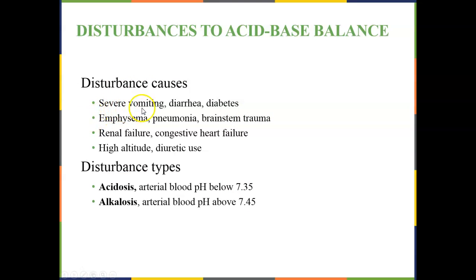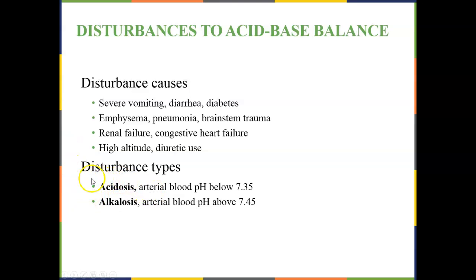So we have different disorders that we can see when our urinary system or our respiratory system are not functioning properly. Disturbances such as vomiting, diarrhea, diabetes, emphysema, pneumonia, damage to the brainstem, renal failure, heart failure, high altitudes even, are going to cause disturbances.